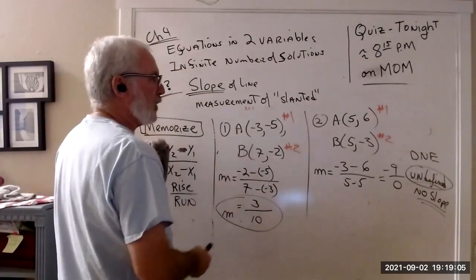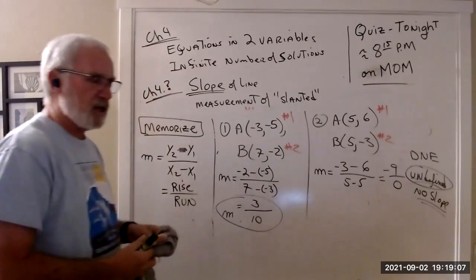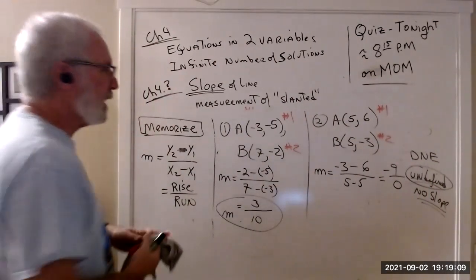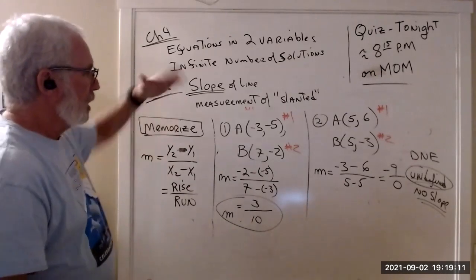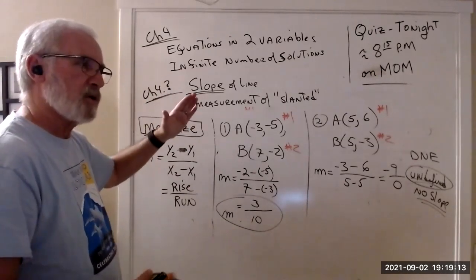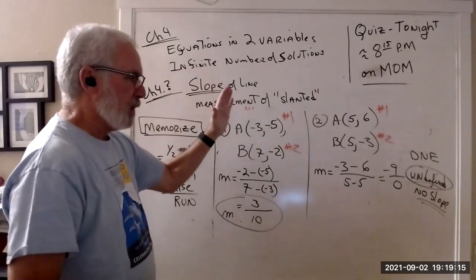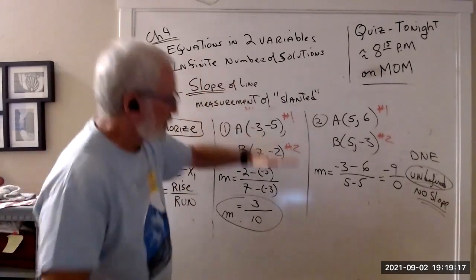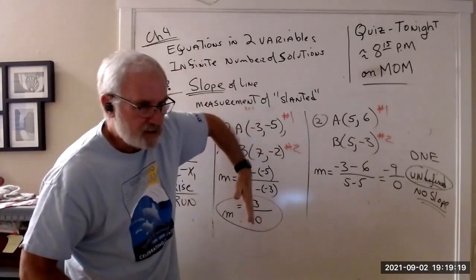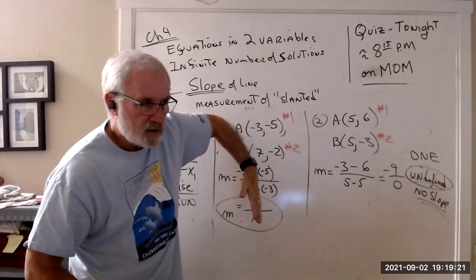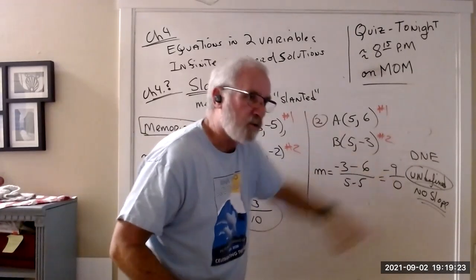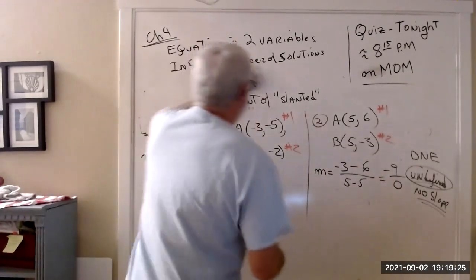All right, I want to look at that for a second because that's kind of tricky. All lines have a slope. Some are slanted this way, some are really steep, some are really flat, some are slanted the other way. Except this one is weird. So let's look at that line.